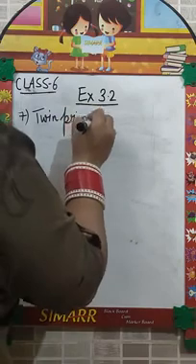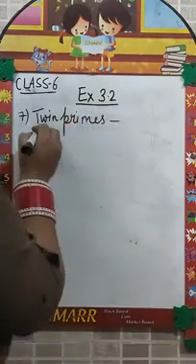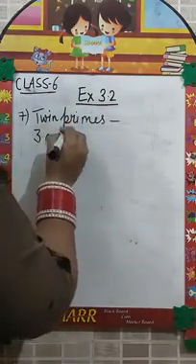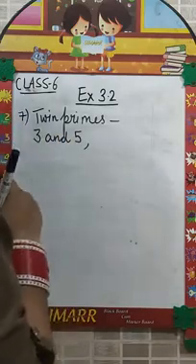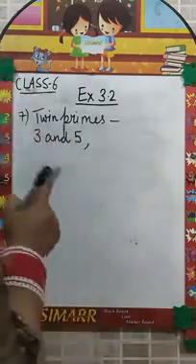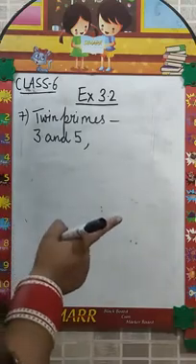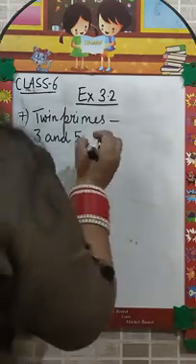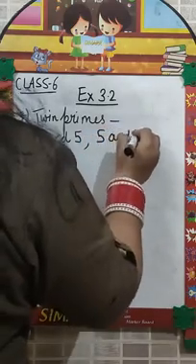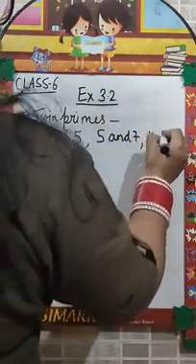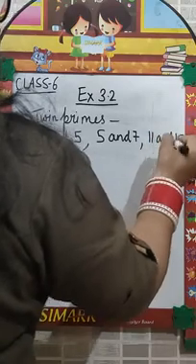We have examples like 3 and 5, their difference is 2. We can't take 7 with 9 because 9 is not a prime number. Now we can take 3 and 5, 5 and 7, 11 and 13. Okay, these are the possible 3 pairs I have written here.